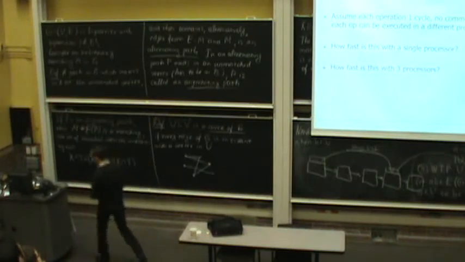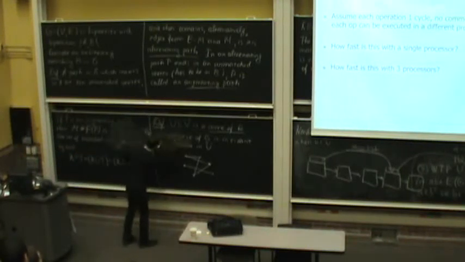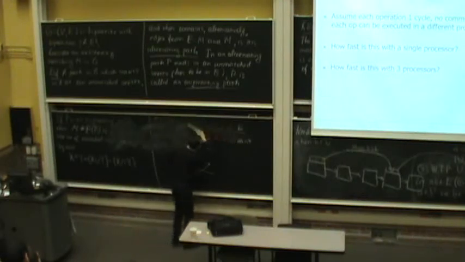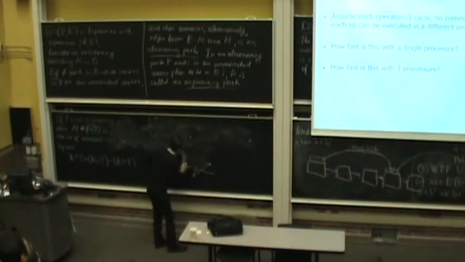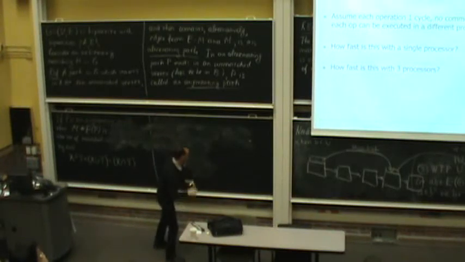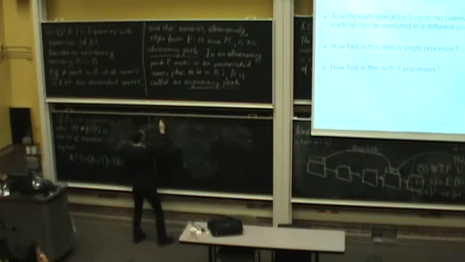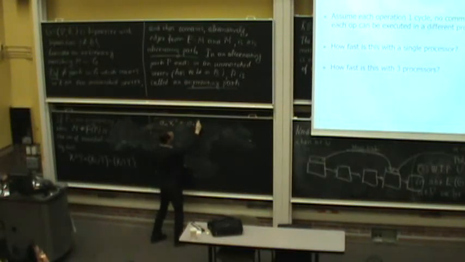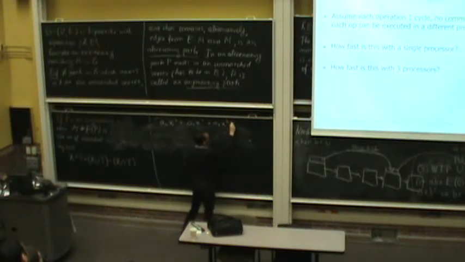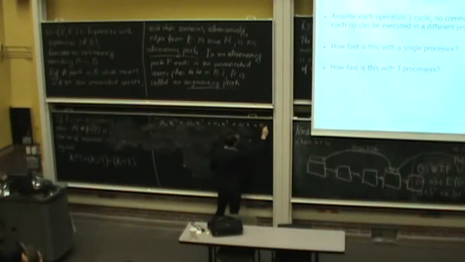Let me write this more nicely here. You already have the question, so you can start to figure out how long it takes. A4 x to the 4, plus A3 x to the 3, plus A2 x to the power of 2, plus A1 x to the power of 1, plus A0.